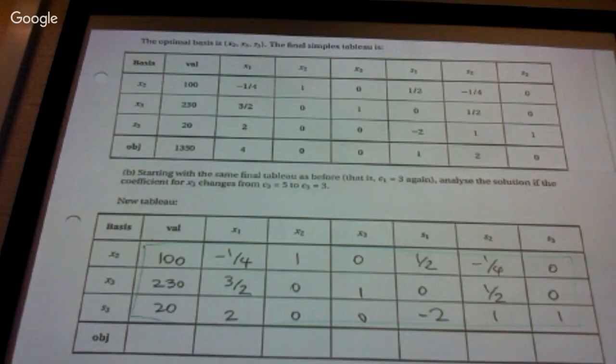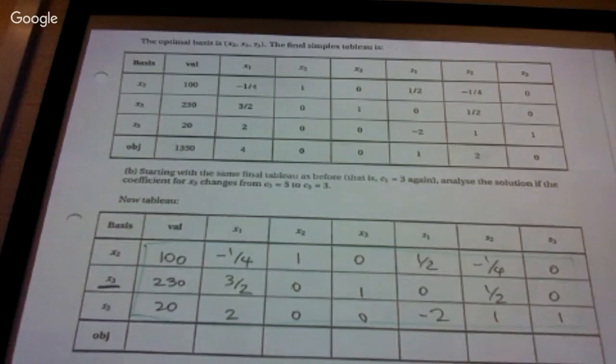Right, so now we're changing C3 by -2. Where we were taking 5 times this row, plus something, minus something, to get the objective row, now we will only be taking 3 times this row.